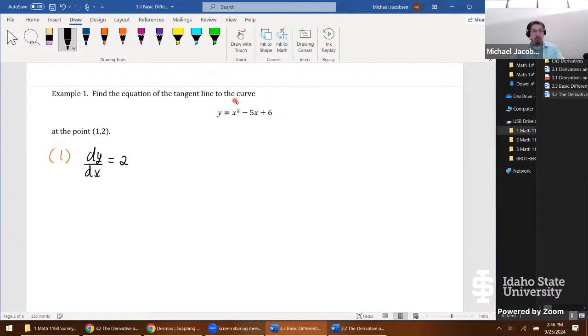That will turn into 2x. On this one, negative 5x, if we differentiate that, we just get a negative 5. And the derivative of 6 would go to 0. And so the whole thing is just 2x minus 5 altogether. So that completes our step 1. Any questions, folks, on finding that derivative here?